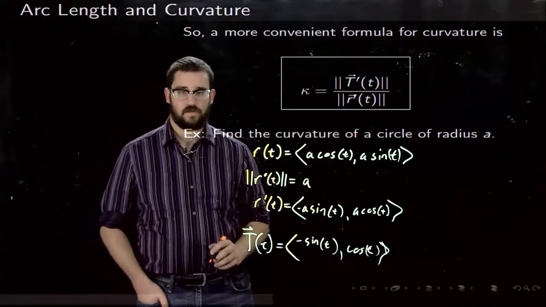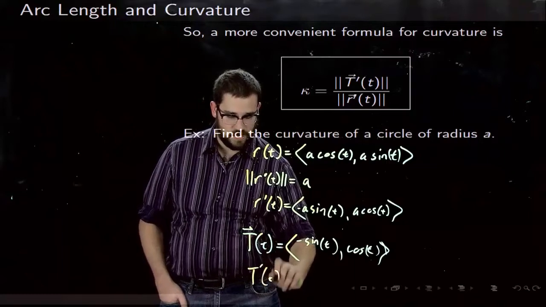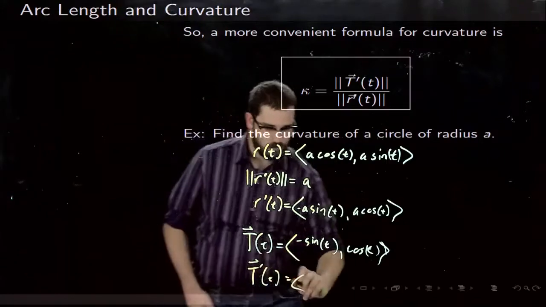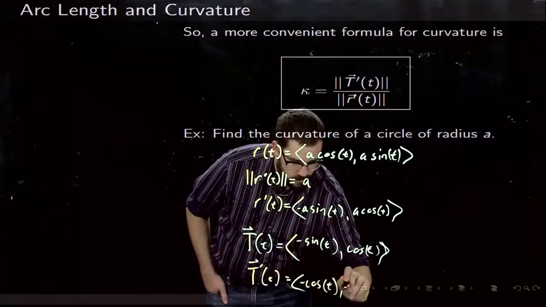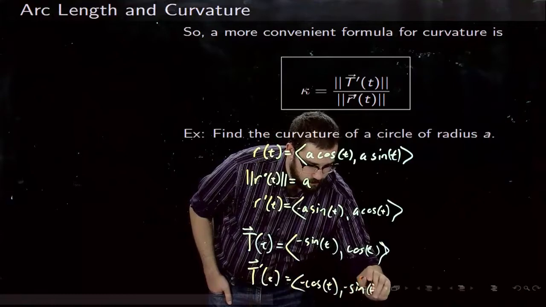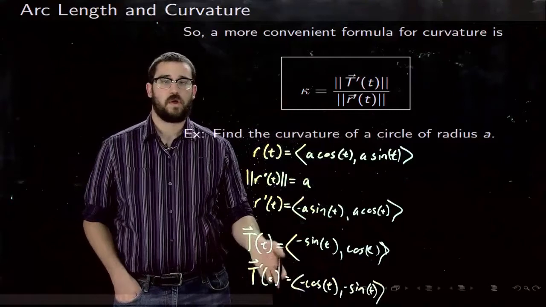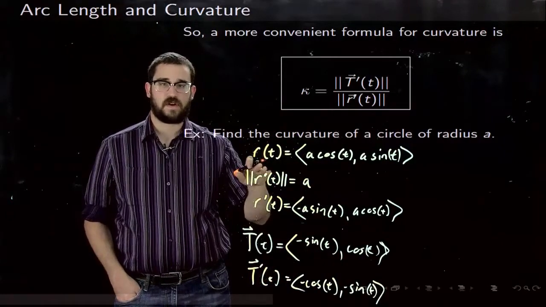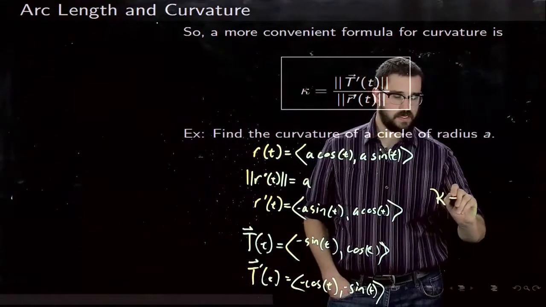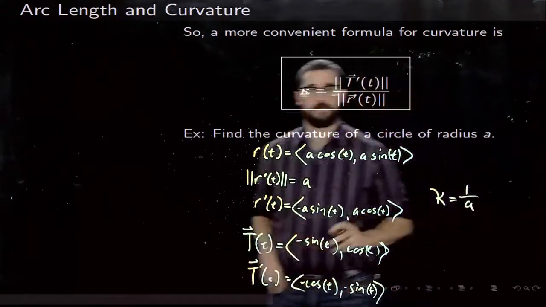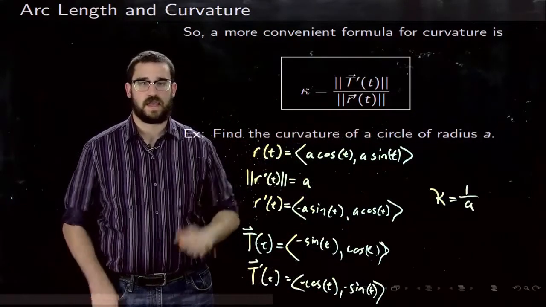Now, the derivative of this vector valued function will quite clearly be negative cosine of t, negative sine of t. And quite clearly, the magnitude of this will always be 1. We already figured out what the magnitude of r prime is, so therefore, the curvature kappa is going to be just 1 over a.